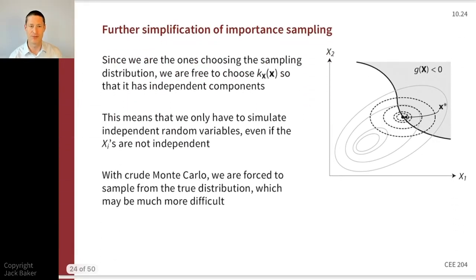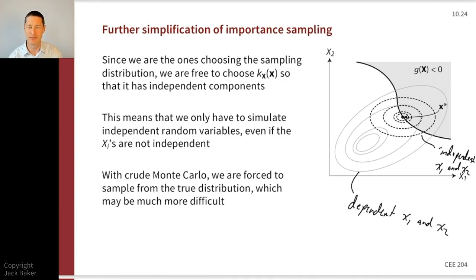There's another benefit of importance sampling beyond just reducing the number of simulations. As long as I'm choosing the distribution that I'm sampling from, the k of x, I might as well choose something that's convenient as well as something that works well numerically. With this strategy, I could sample an X1 and an X2 from a k of x distribution that has independent components, versus the original distribution that had some dependence.